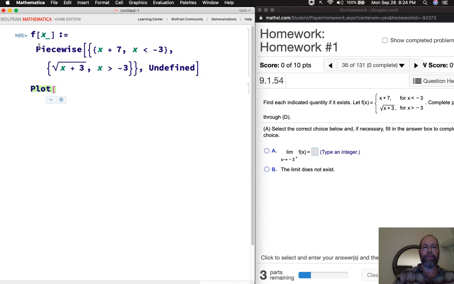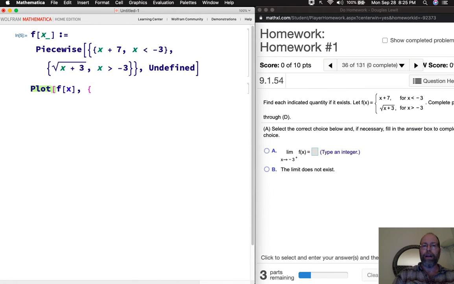Plot f of x. Now it looks to me like, according to the problem, we're interested in what's happening when x is equal to -3. So that means I want -3 to be exactly in the middle of the graph. If you want -3 to be exactly in the middle of the graph, that means you want an equal number of steps to the left of x equals -3 and an equal number of steps to the right of x equals -3.